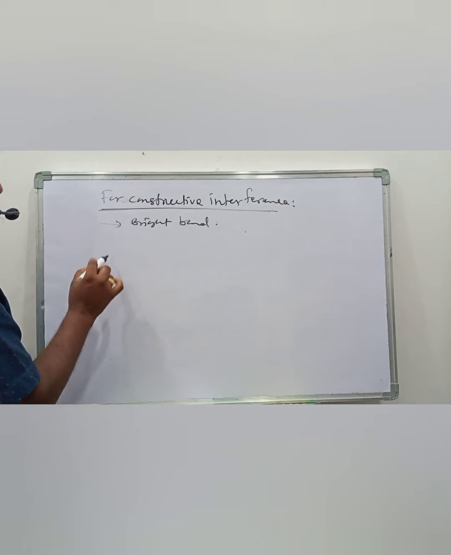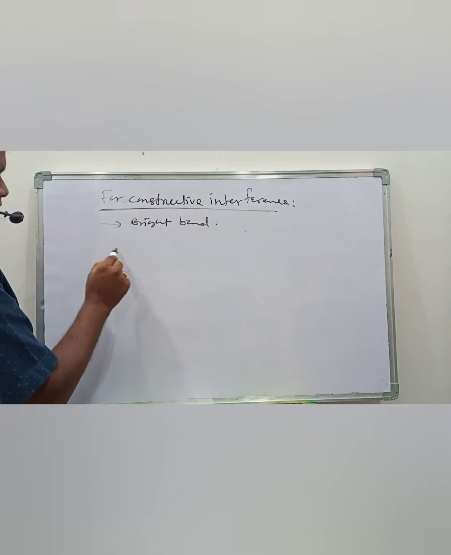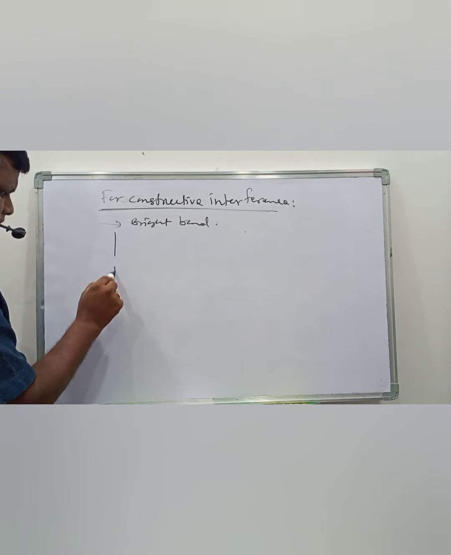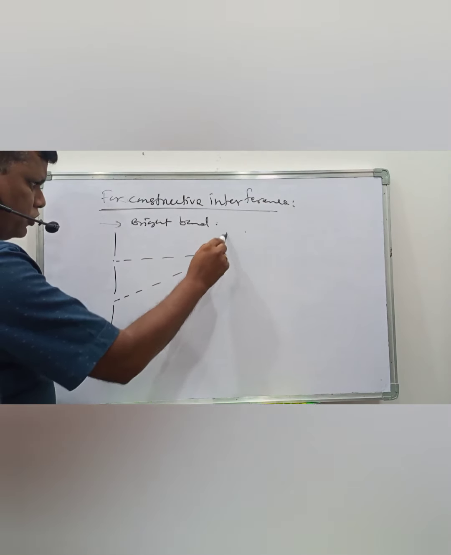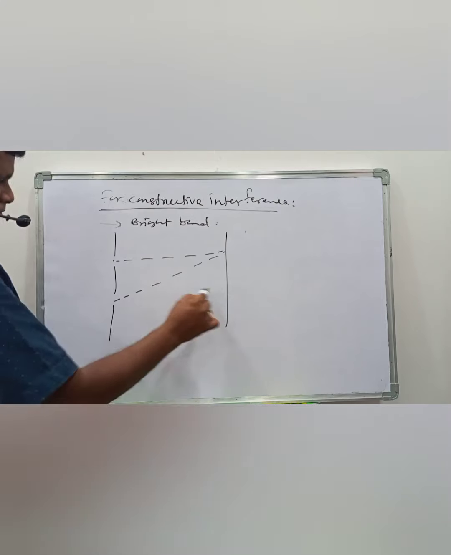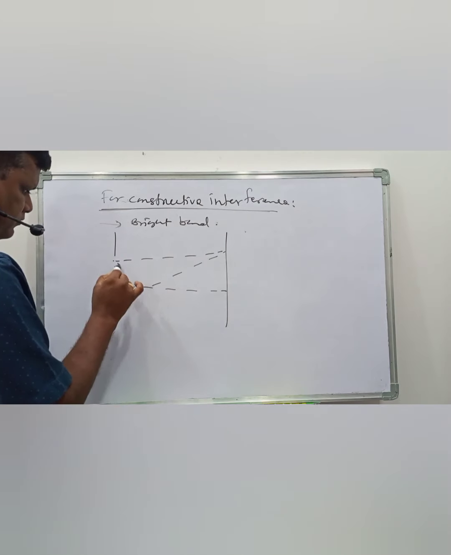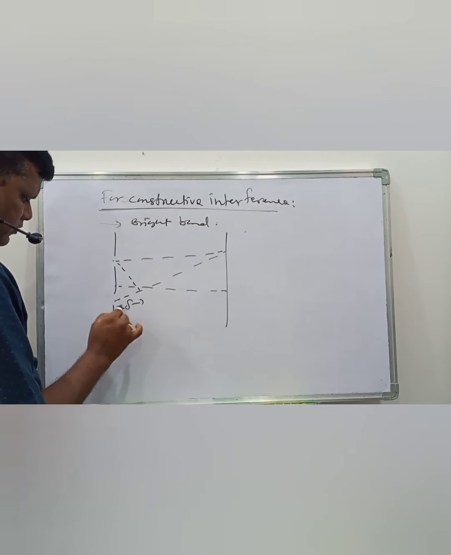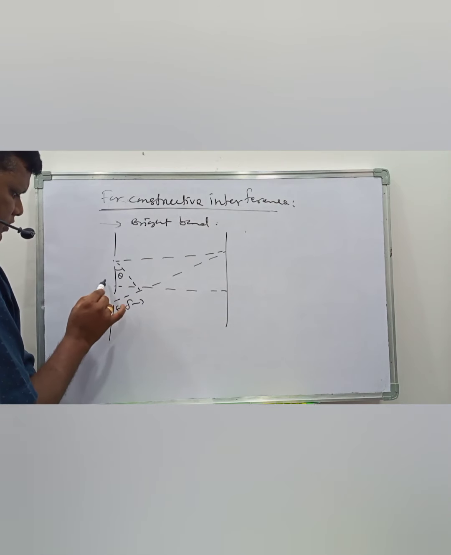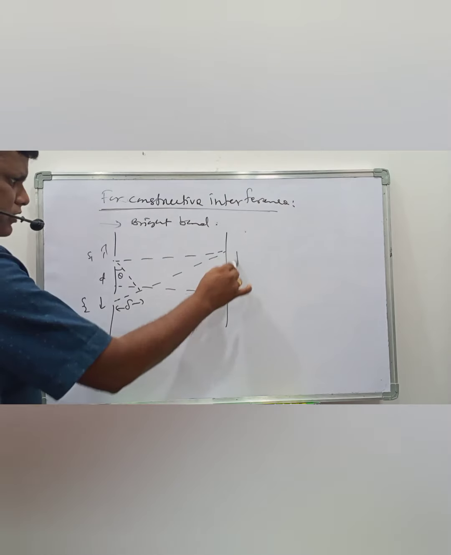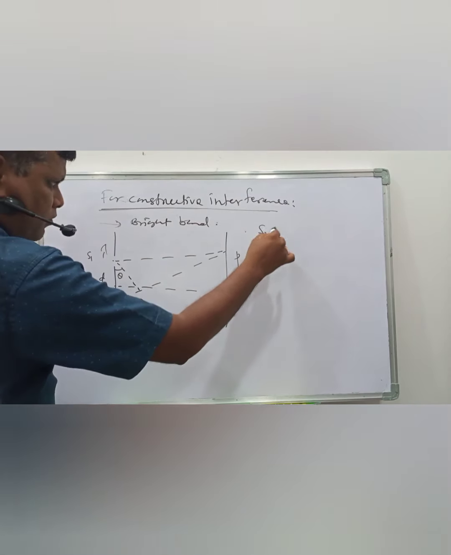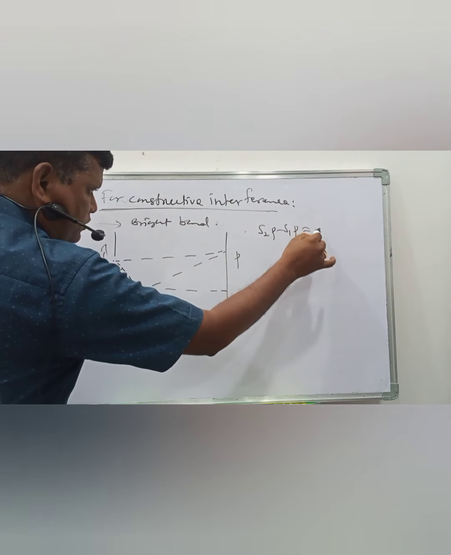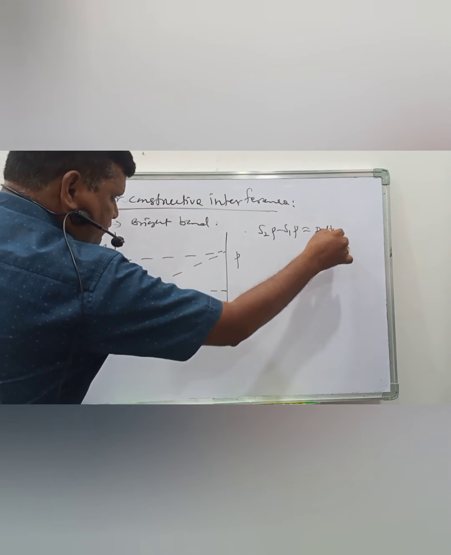So here we can write, according to the diagram, there is a path difference delta. From this diagram we can take S2P minus S1P is equal to the path difference.